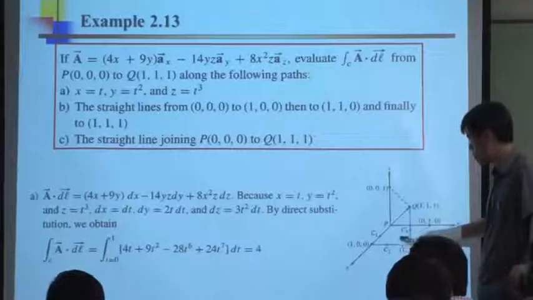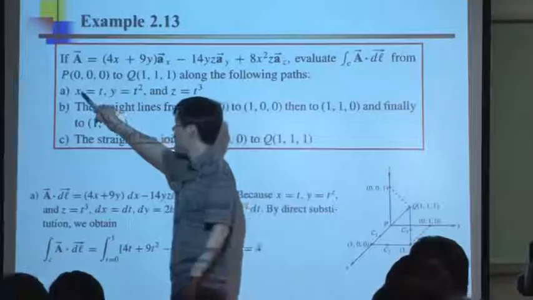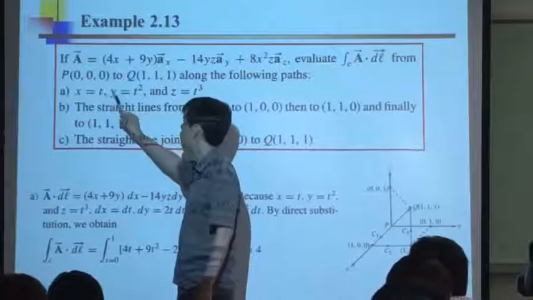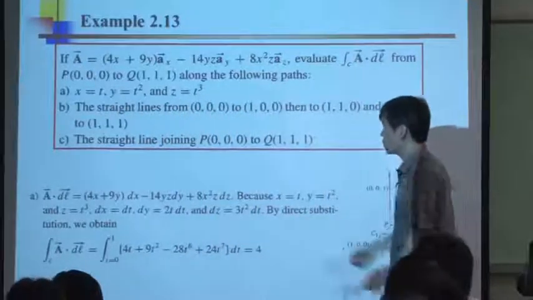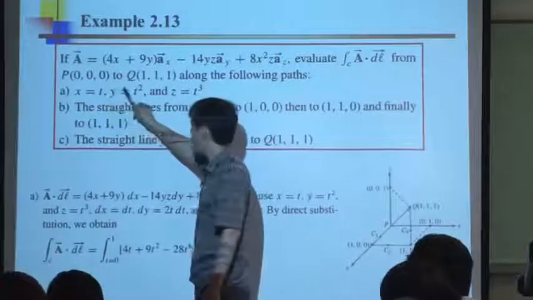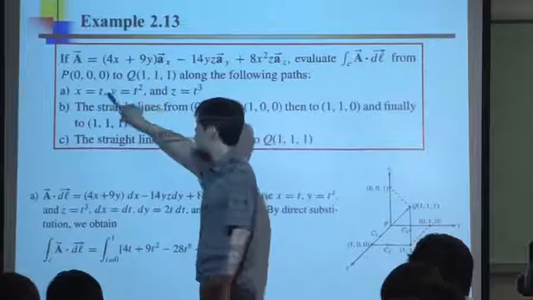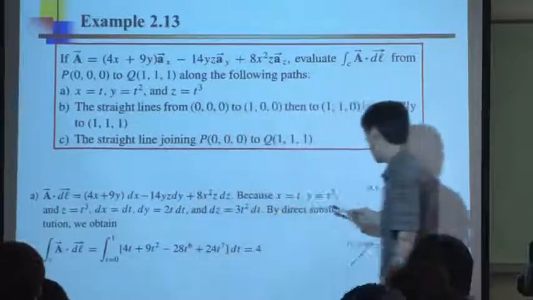There are infinitely many choices. In this example, the first choice is x equal to t, y equal to t squared, and z equal to t cubed. Just changing the t values from 0 to 1, you can get a special path.